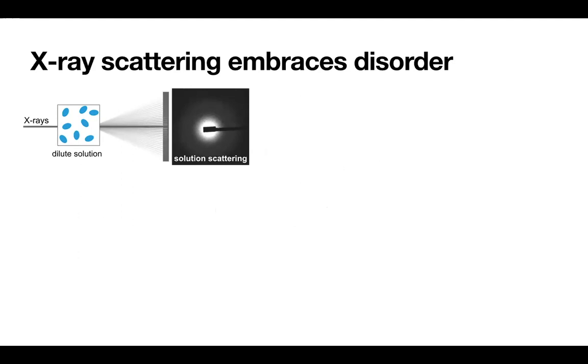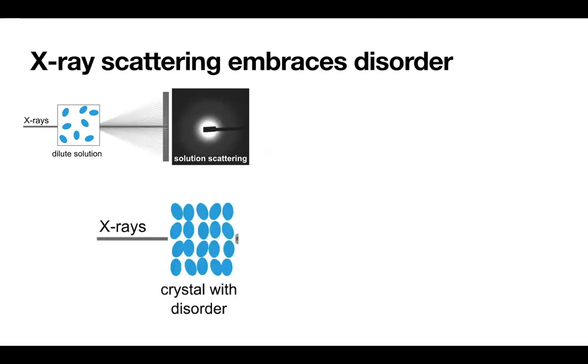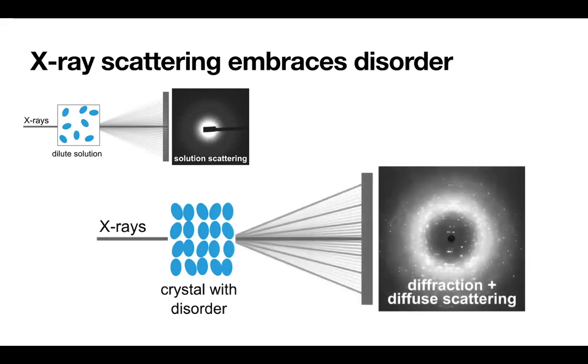Now, what happens if there's some disorder in your crystal? I've drawn this as maybe packing defects in the crystal where each protein is in a slightly different position, but you could also imagine each protein having a slightly different conformation. If you shine X-rays on that sort of a crystal, what you see is a superposition of two patterns.